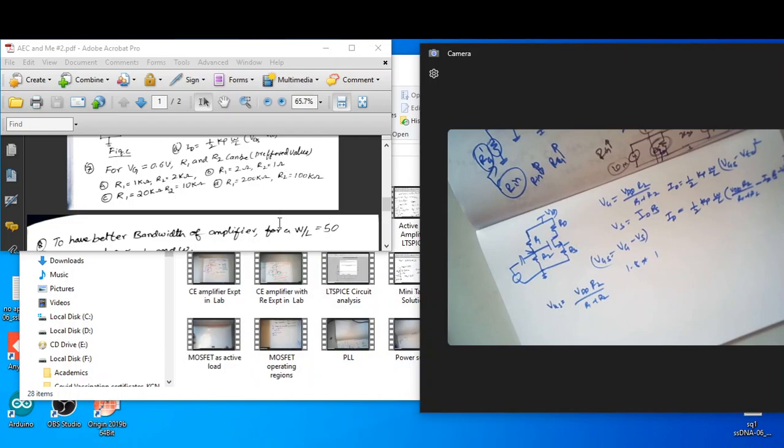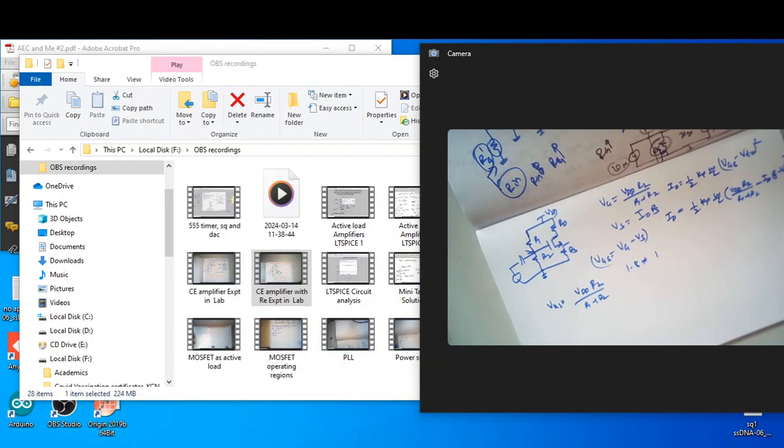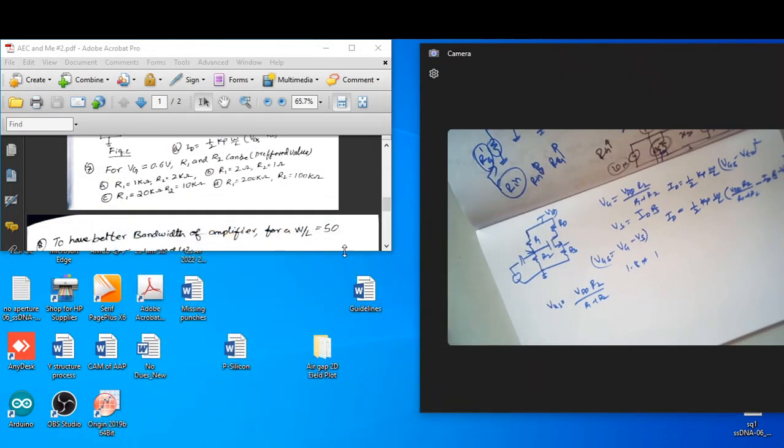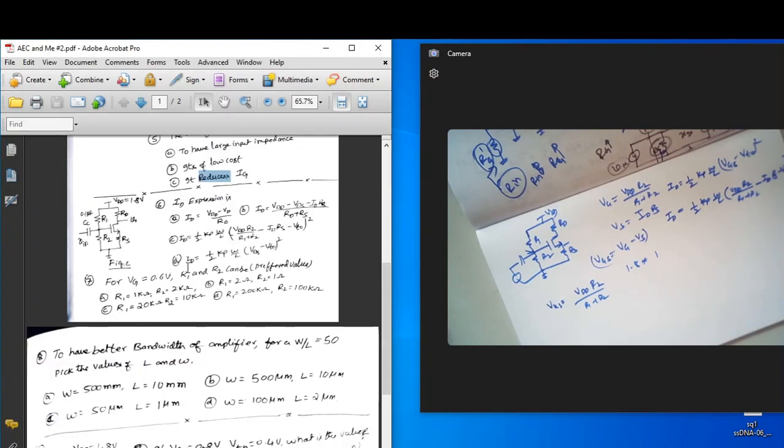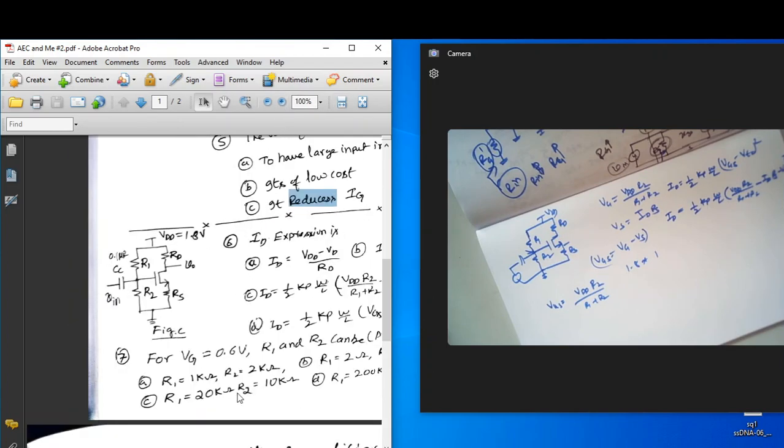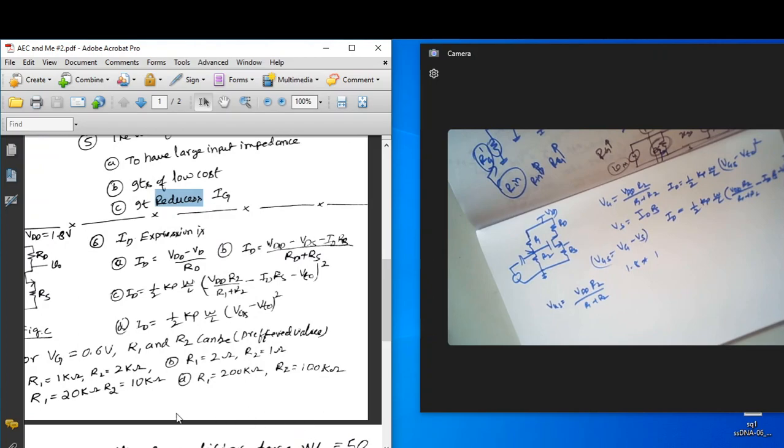So I have these possible values, let me bring this down. Now these are the possible values. So R2 is 2K, this is 3K.